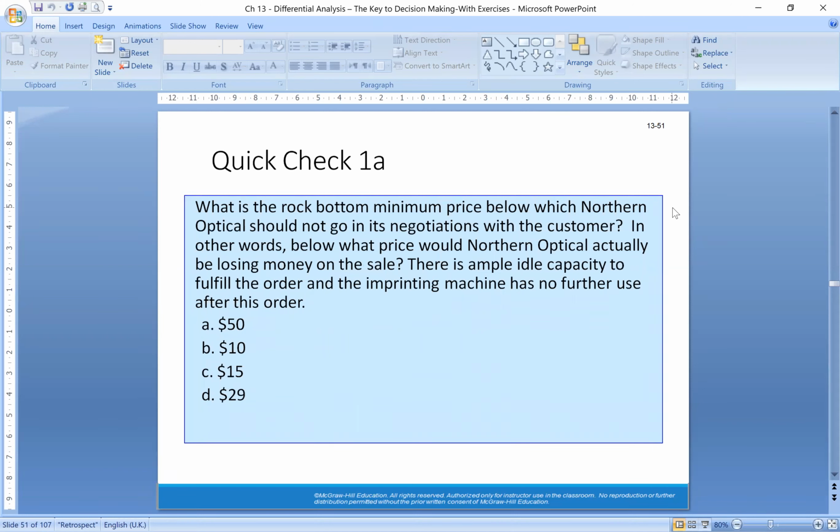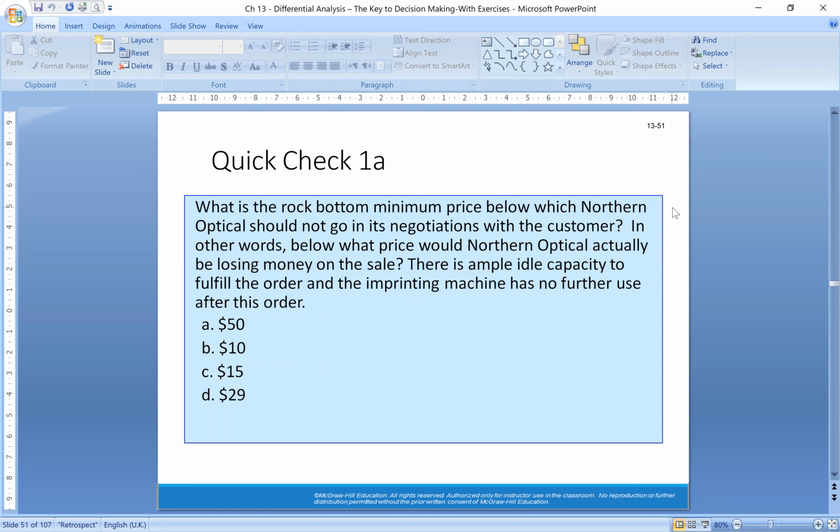What is the rock bottom minimum price below which Northern Optical should not go in its negotiation with the customer, which means what is the minimum price that you accept for the special order? In other words, below what price would Northern Optical actually be losing money on the sale?